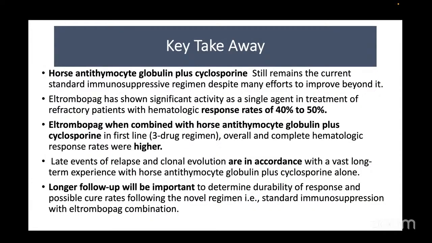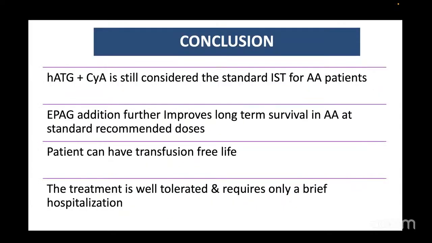And late events of relapse and clonal evolution are in accordance with the vast long-term experience with horse ATG plus cyclosporin alone. Longer follow-up will be important to determine durability of response, possible cure rates following the novel regimen, and also to monitor any other longer toxicities that we may otherwise not be able to monitor.